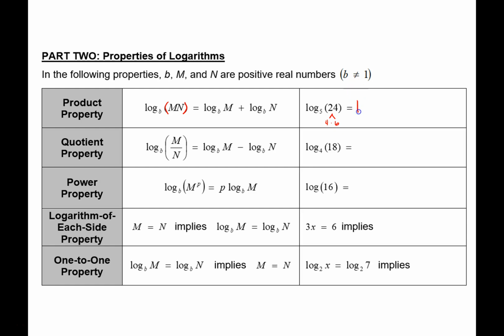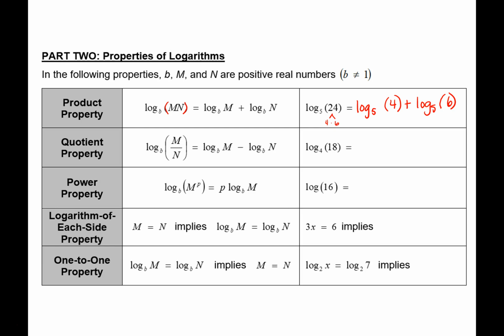So log base 5 of 24 is equal to log base 5 of 4, one of the factors, plus log base 5 of the other factor, 6. And sometimes it's going to be really helpful to be able to expand it in this way, or to break it down into pieces with other factors as the numbers we're working with.